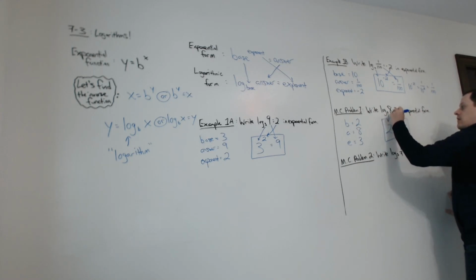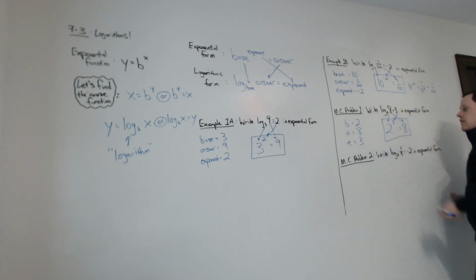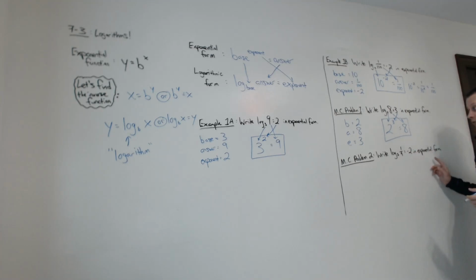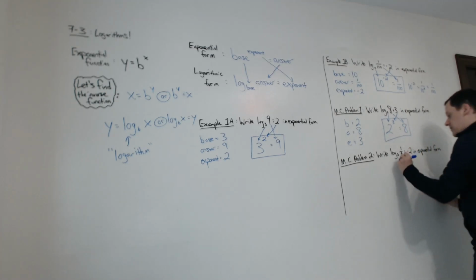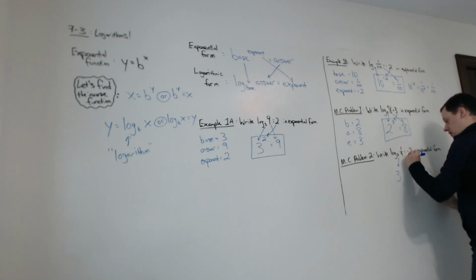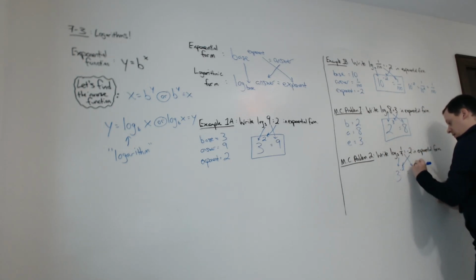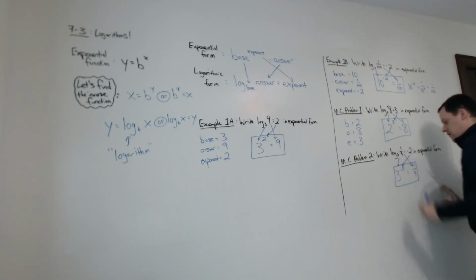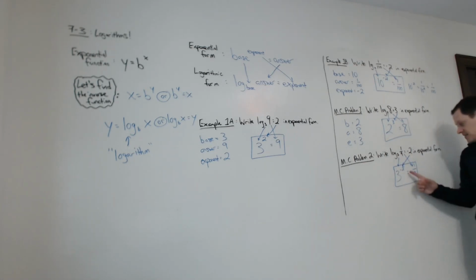Here, here, here. As long as you're going from logarithmic form to exponential form, that should still happen. Three to the negative second power equals 1 over 9.